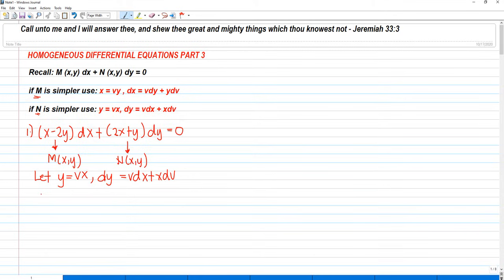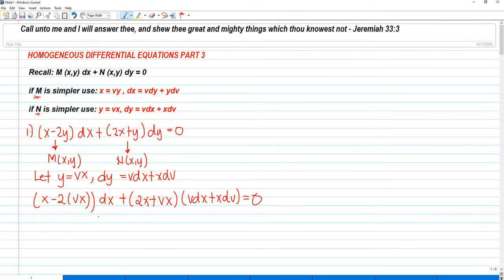So we have the quantity x minus 2 times y, which is vx, dx, plus the quantity 2x plus, again with the substitution of y, vx, and then for dy, that is v dx plus x dv, equals 0.